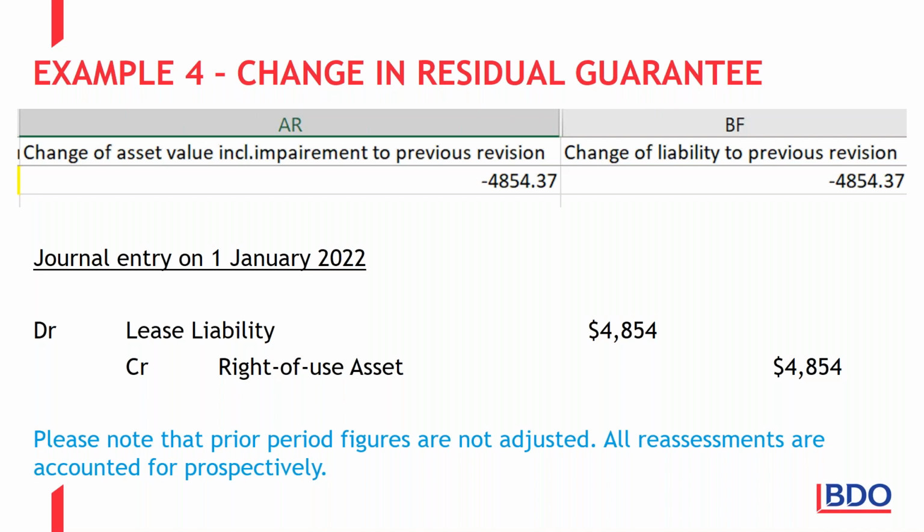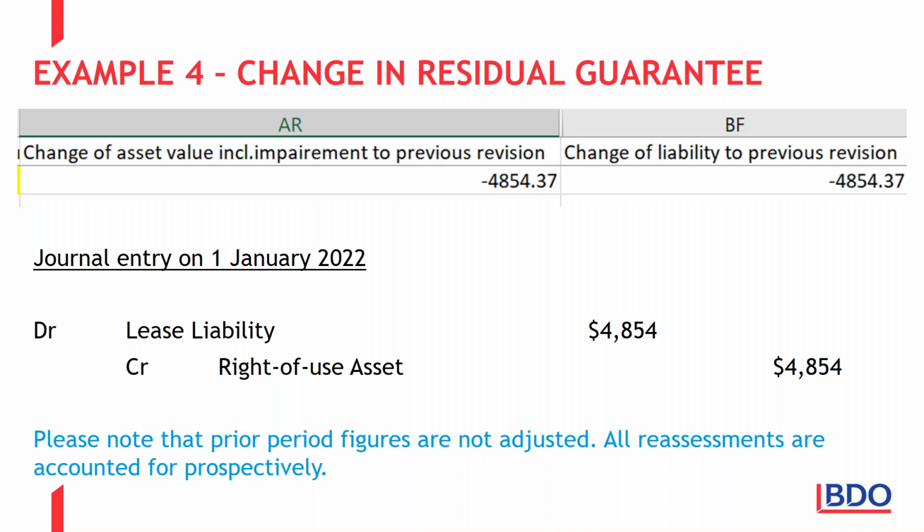It's quite a mouthful, but essentially you've got to keep this tracked in your technology solution. You must capture your reassessments when the reassessment happens to make sure that the time value of money discounting is appropriately factored in. And then make the adjustment against the right of use asset.